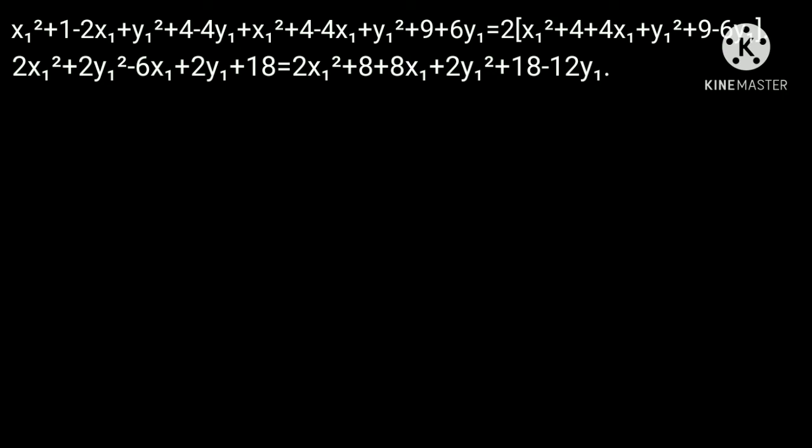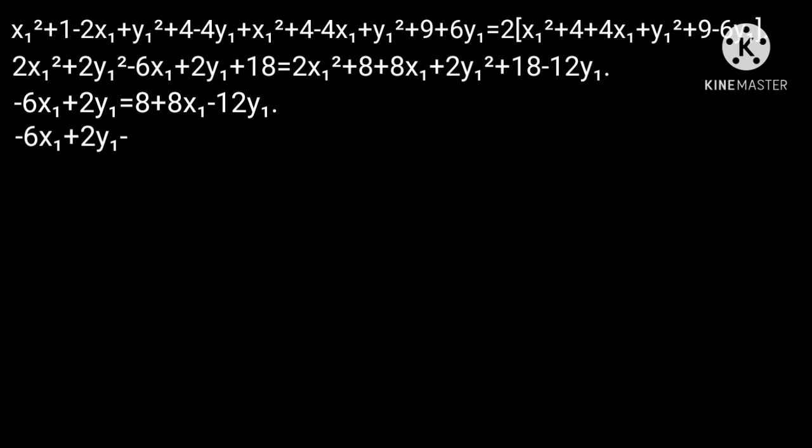After canceling the same terms on both sides of the equation, we have -6x1 + 2y1 = 8 + 8x1 - 12y1. By taking all values on one side, we have -6x1 + 2y1 - 8 - 8x1 + 12y1 = 0.